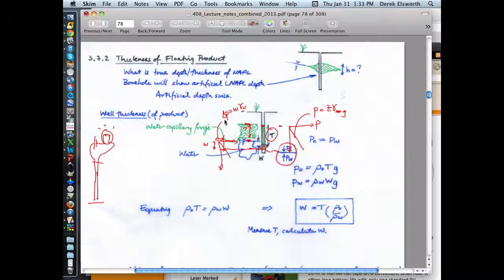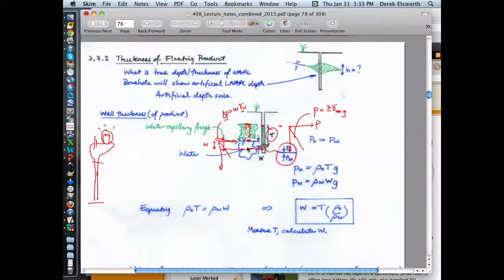We know that at this point the pressure has to be atmospheric, and the pressure here is not atmospheric, so we should be able to calculate what this pressure change should be and just do the calculation to figure out exactly what this height would be.